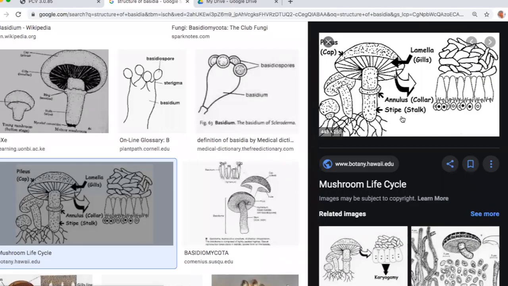In this stalk, there is some region which is called the collar in between in some cases. You have this lamella or gills. The other name for gills is lamella. So this is the structure that we studied about.